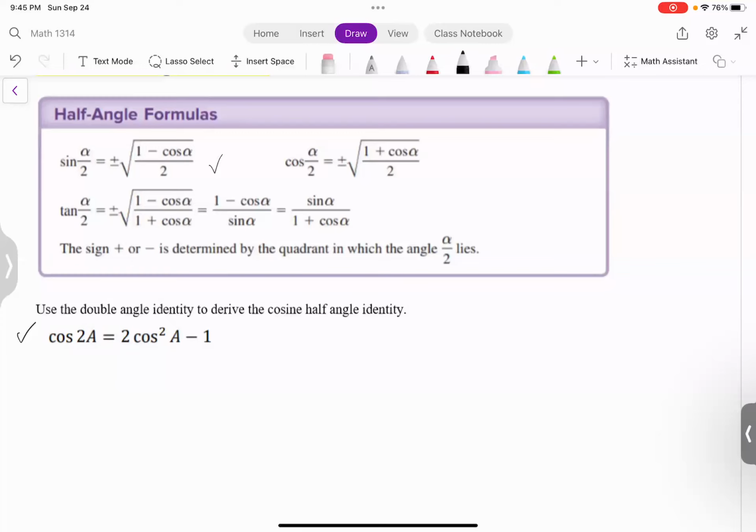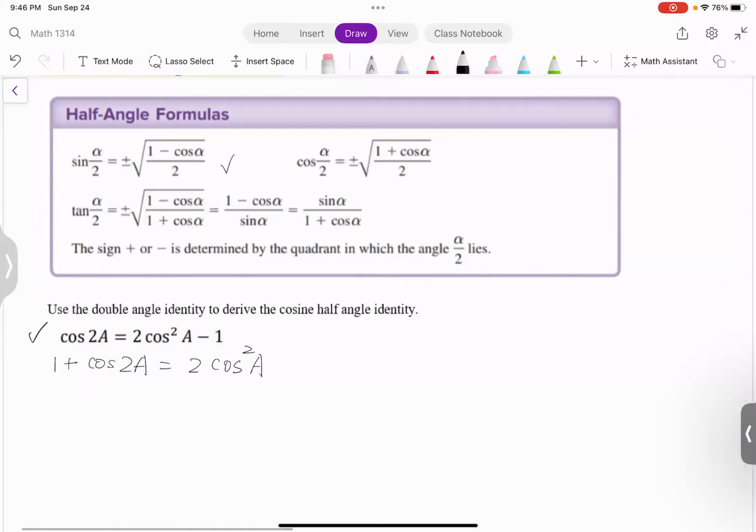First, I need to get rid of the 1, so plus 1 on both sides. 1 plus cosine 2A equals 2 times cosine A squared. So divide by 2 on both sides. I have (1 plus cosine 2A) over 2 equals cosine A squared.